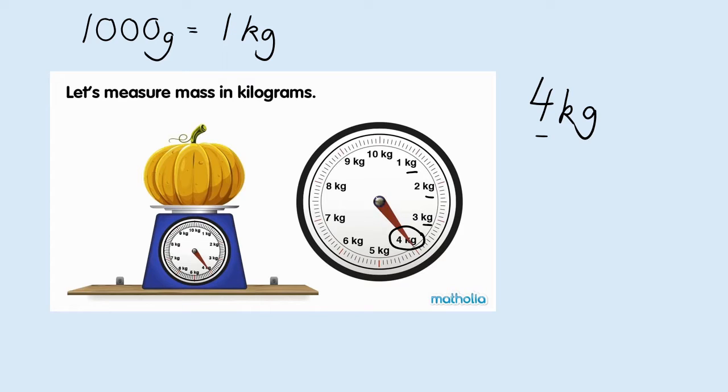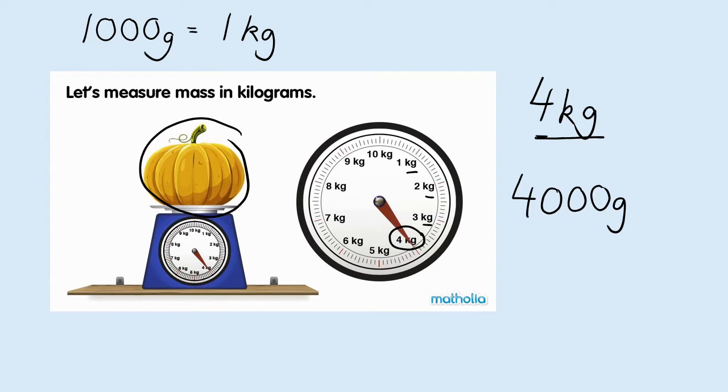If 1,000 grams is 1 kilogram, then 4 kilograms must be 4,000 grams. So there you can see the mass of this pumpkin written in kilograms is 4 kilograms. Written as grams, it's 4,000 grams.